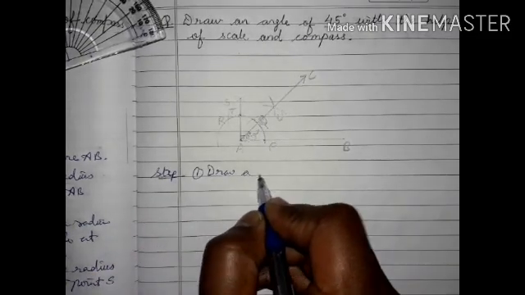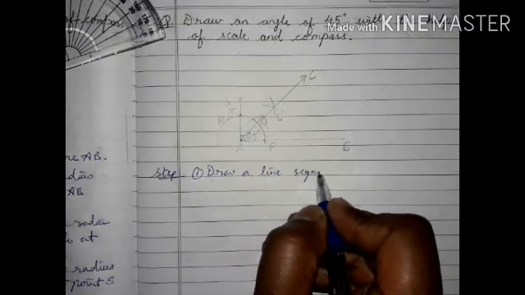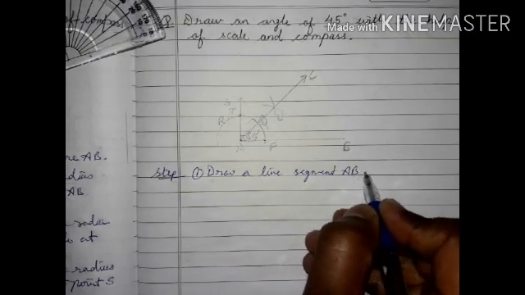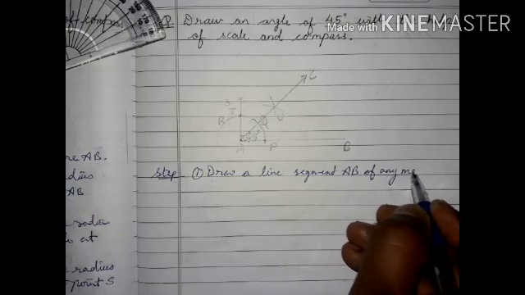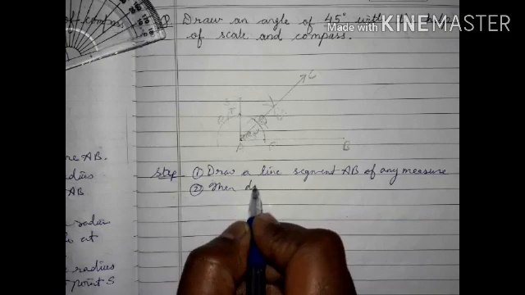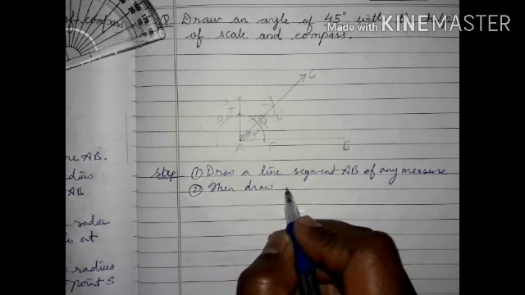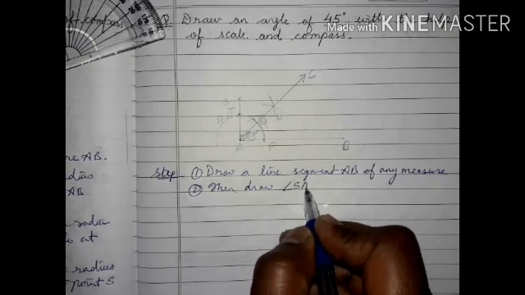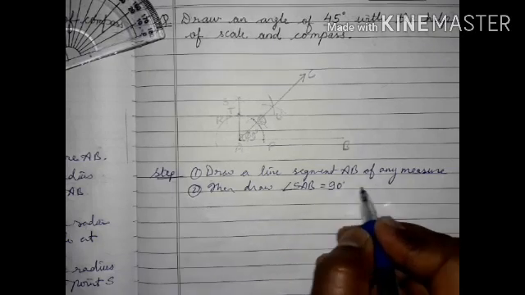Draw a line segment AB of any measure. Then draw angle SAB equal to 90 degrees.